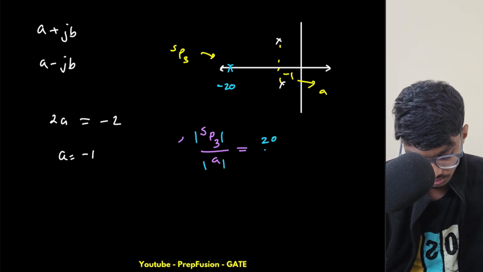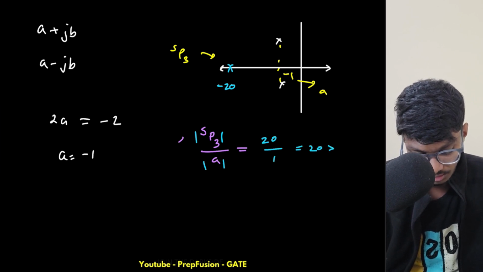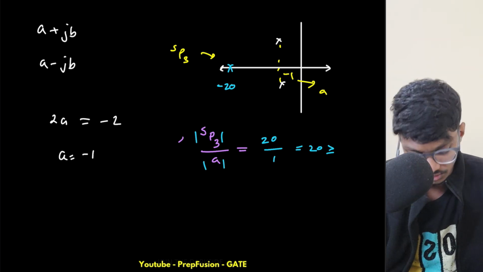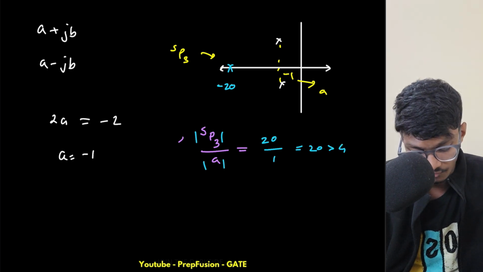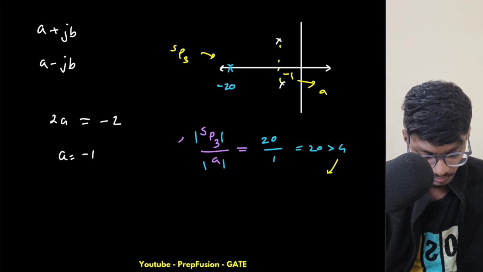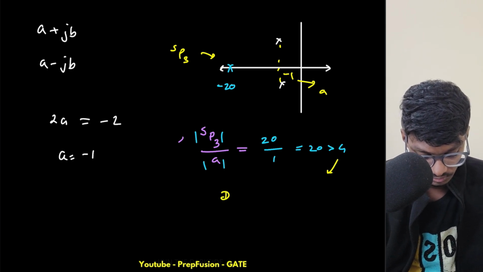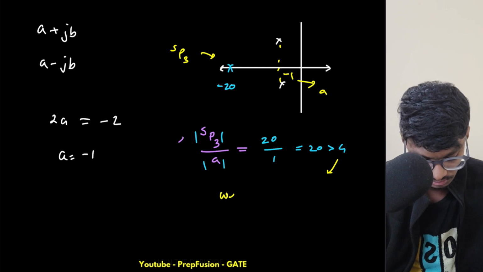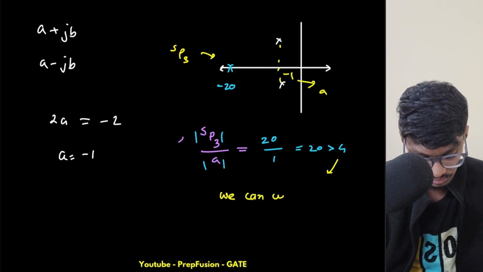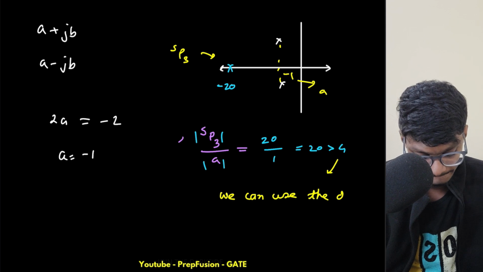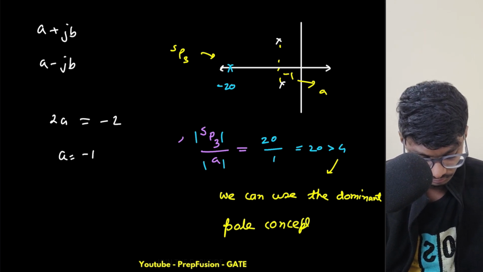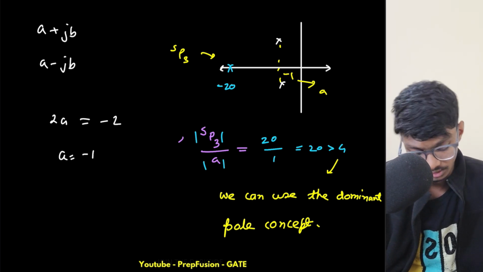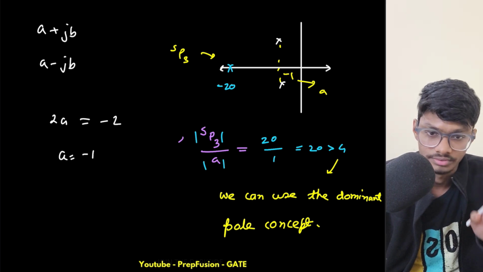So it is 20 by 1, which is 20, which is greater than or equal to 4, so obviously we can use the dominant pole concept. That's why, as the ratio is more, obviously we can use it.